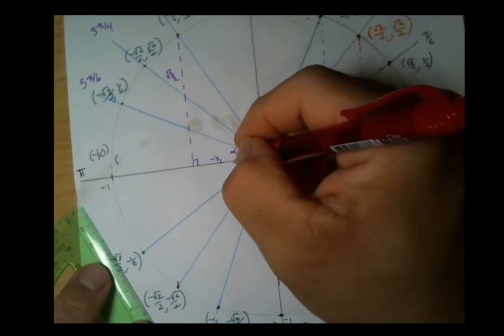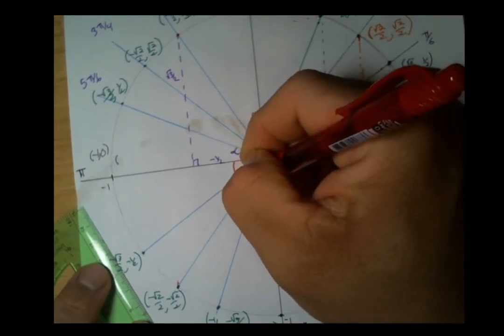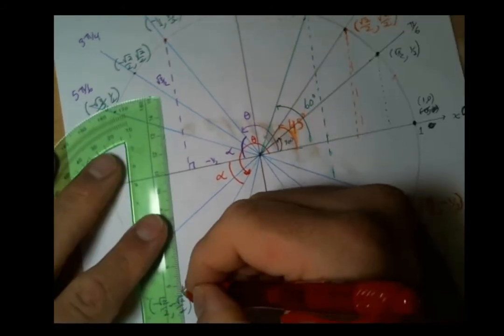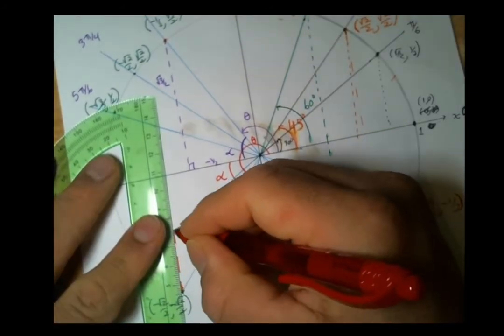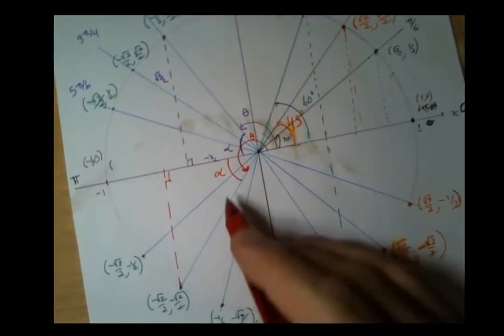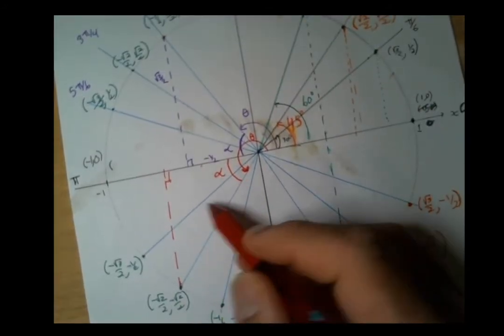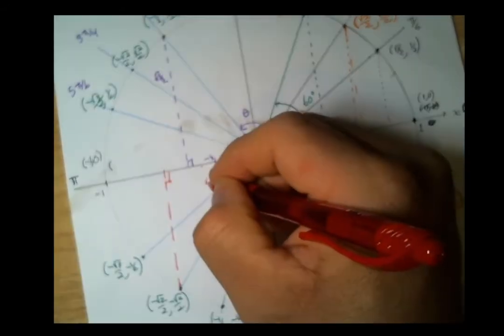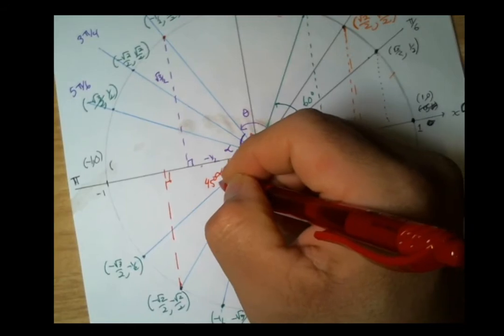So my reference angle would be right here, between the point and the x-axis. Now if we look at this triangle where this length is √2/2 and this length is √2/2, that is a 45 degree angle, or pi/4.